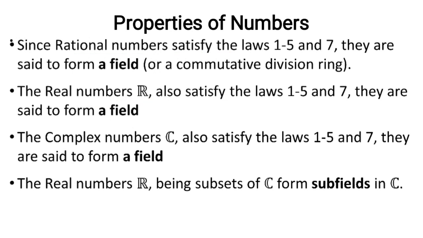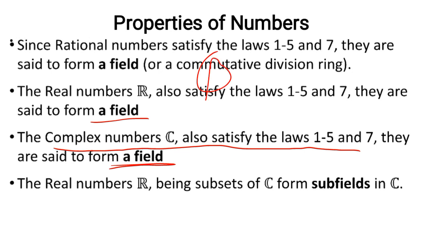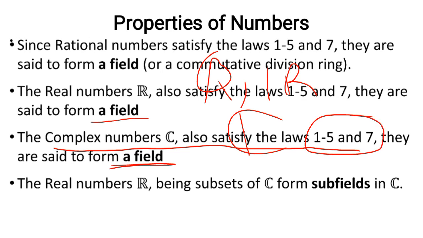Real numbers satisfy identities 1 to 5 and 7, they are also called fields. Complex numbers also satisfy identities 1 to 5 and 7, and they are also called fields. So now you know that the rational numbers, real numbers and complex numbers are called fields because they satisfy identities 1 to 5 and identity 7.